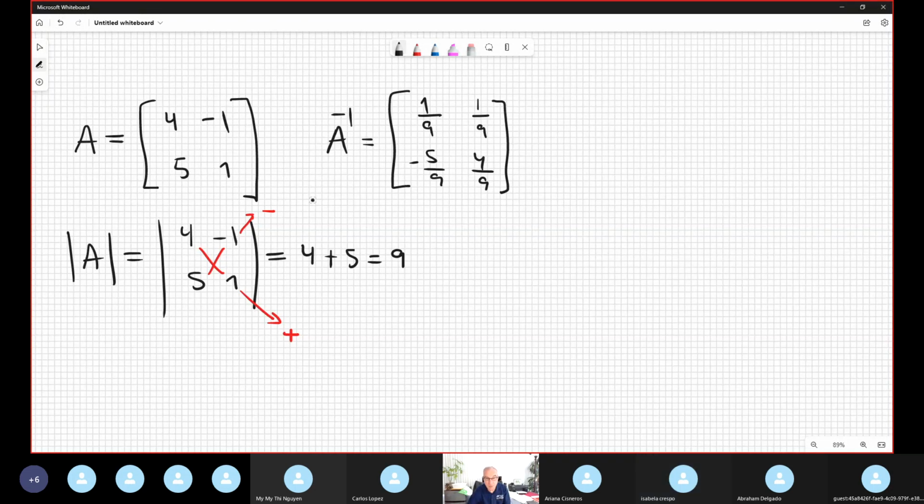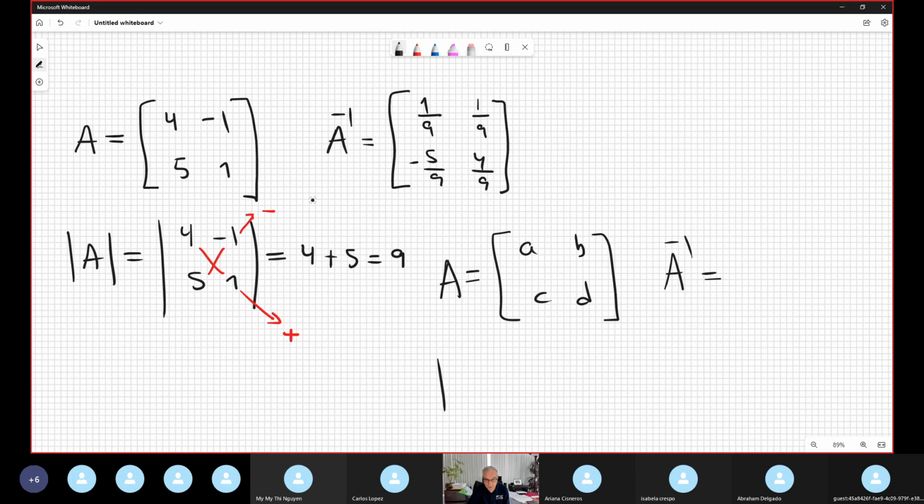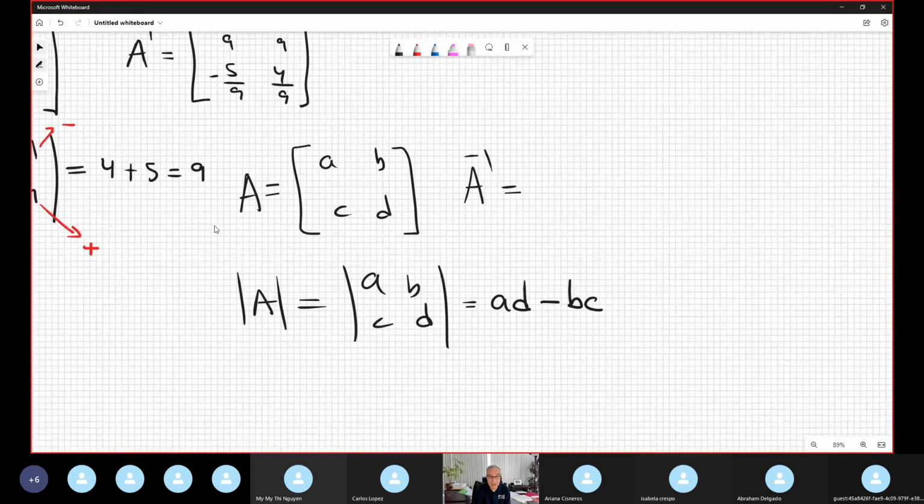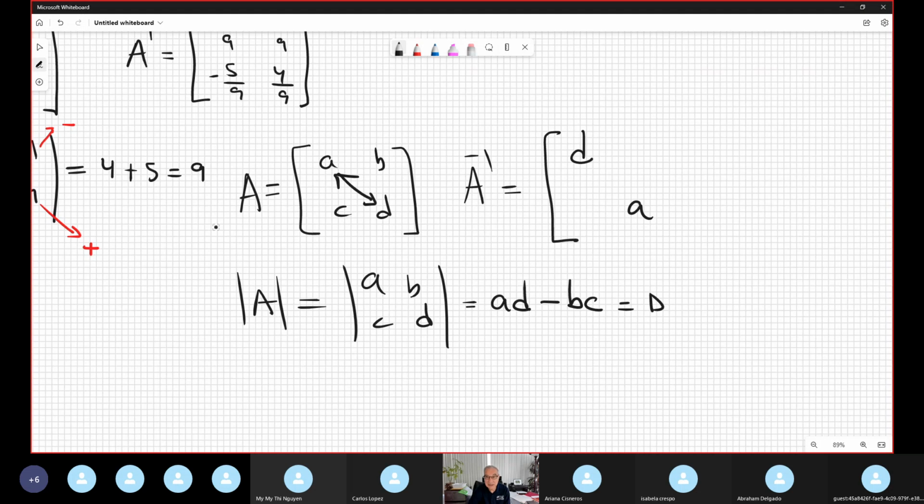Suppose the formula is you have a matrix with the numbers A, B, C, D. This is a matrix capital A. To find the inverse matrix, you compute the determinant first, which is A times D minus B times C. You interchange A and D. You put here D and you put here A. This is the rule, this is the formula, and divided by, let me call this, D. And here no interchange.